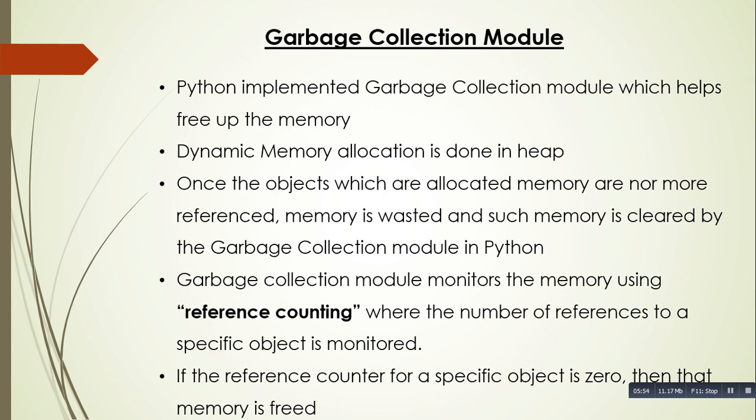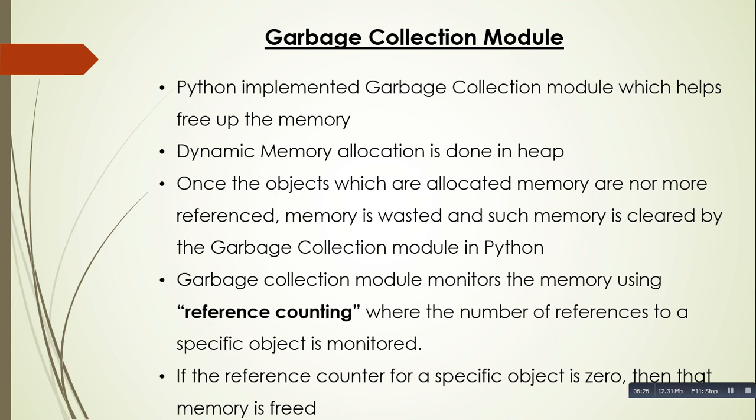If this reference is lost, then that memory is wasted, and such memory wasting is called memory leakage. This memory leakage is a big issue in many programming languages, because it needs to be handled by the user in his program. But in Python, this memory leakage issue is very simple for the Python programmer, because it is handled in the background by the garbage collection module.